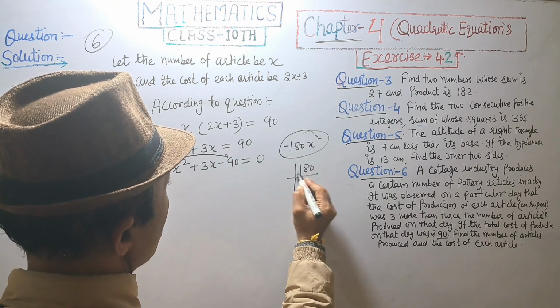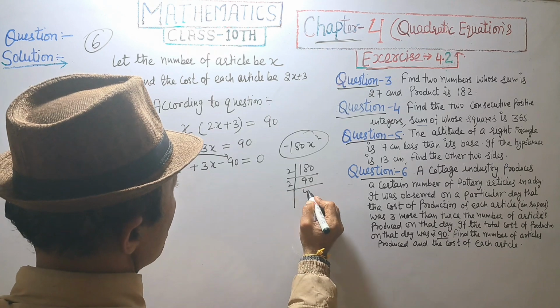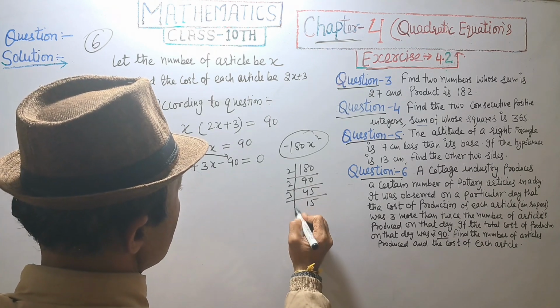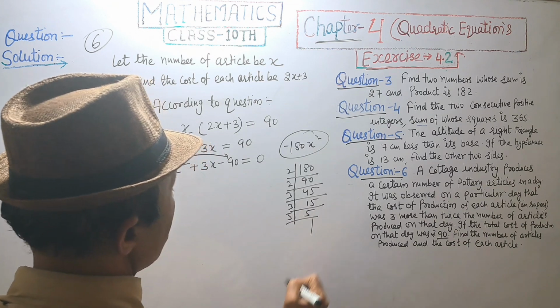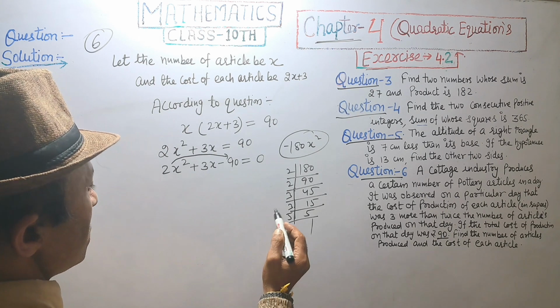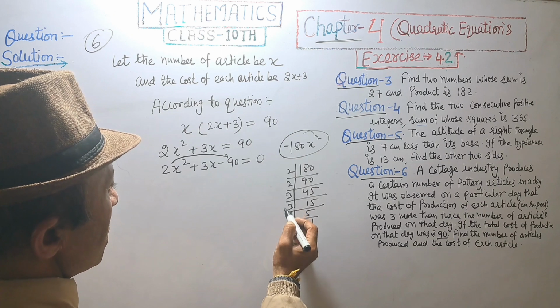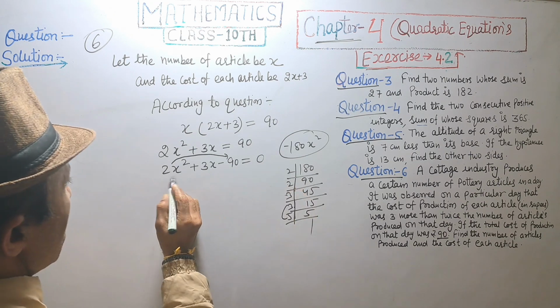Prime factorization of 180: 90 2s are 180, 45 2s are 90, 3 15s are 45, 3 5s are 15, and 5 1s are 5. 3 5s are 15, 3 2s are 6, 2s are 12.